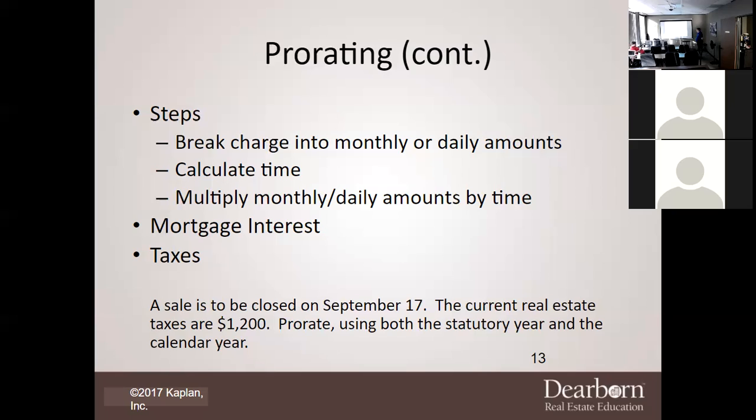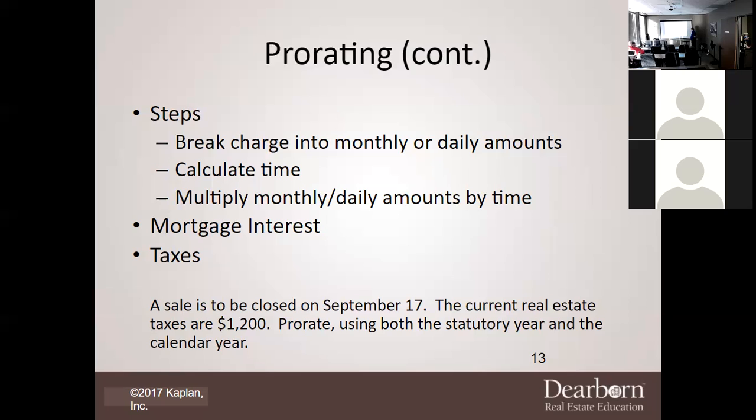Now, where they want you to do the statutory and the calendar is in September. So if it's 30 days, you would take 100 and divide by 30. What's that give you? 3.33. Okay, and then you multiply it by what? 17. Which gives you what? 56.6.